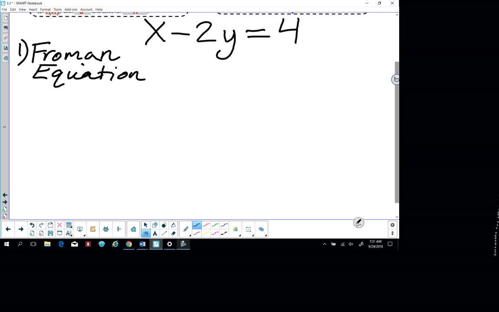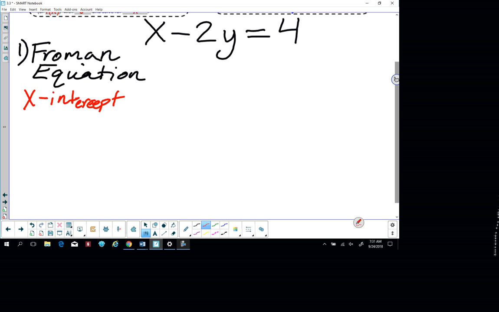From an equation, and so we're going to look at first our x-intercept.